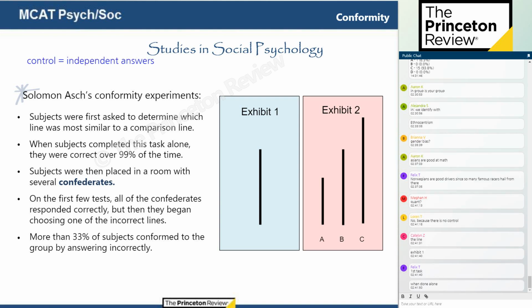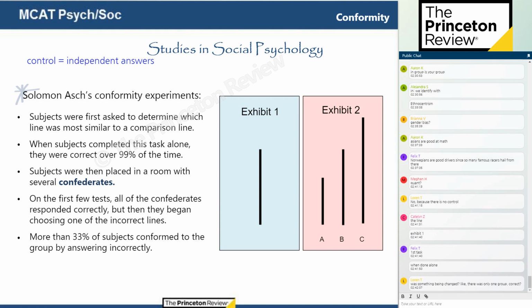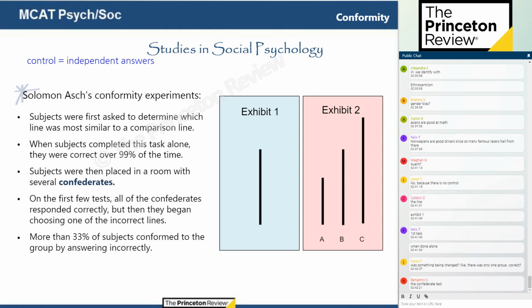The control is the independent answers, when people came in and they were shown this by themselves. So then what's the experimental group? Yeah, the Confederate group. When the subject went into the Confederate group, that's the experimental group.